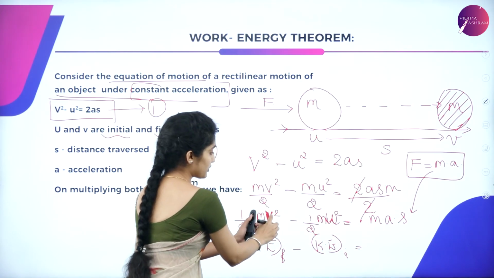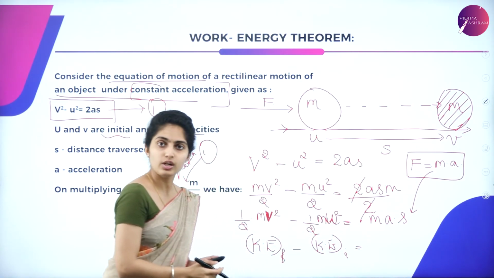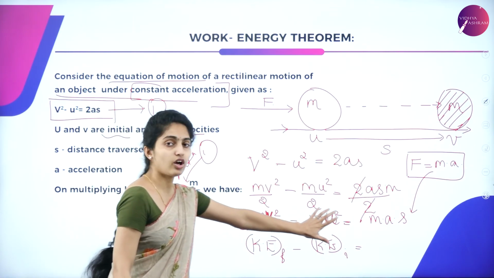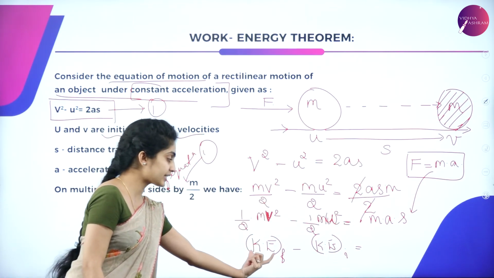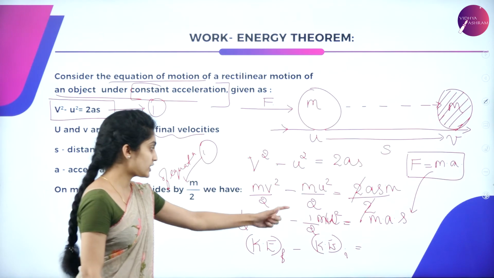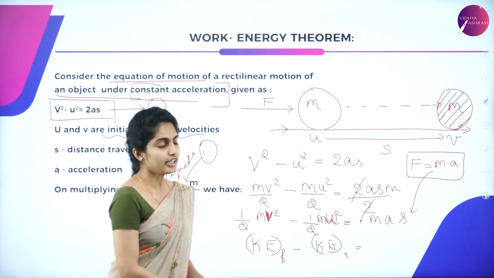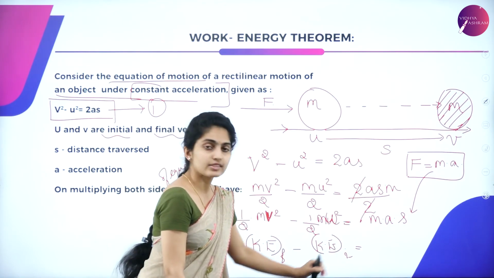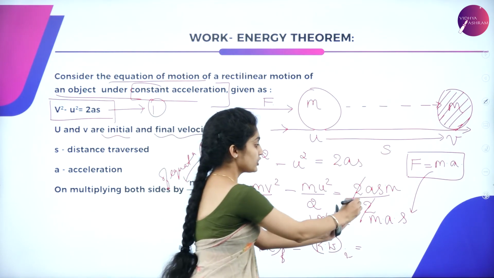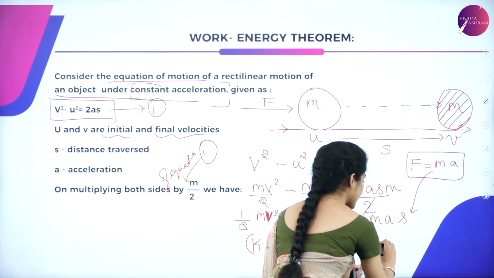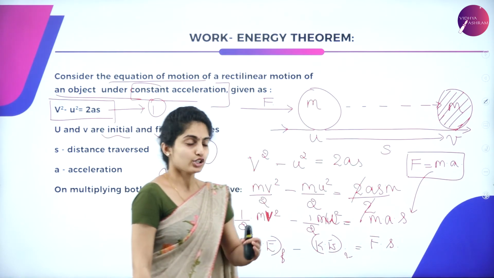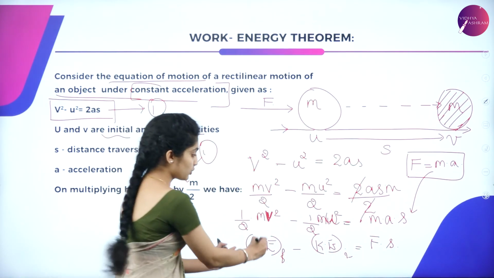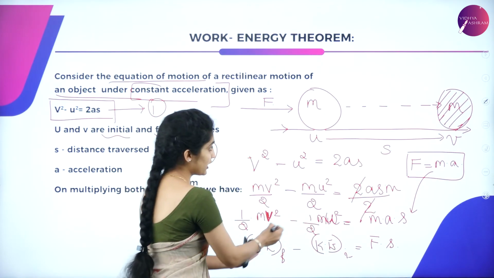This is the final position and this is the initial position. So it is the kinetic energy for the final velocity minus the kinetic energy for the initial velocity, KE with subscripts. Mass into acceleration is F and this is S. So this represents the change in kinetic energy.